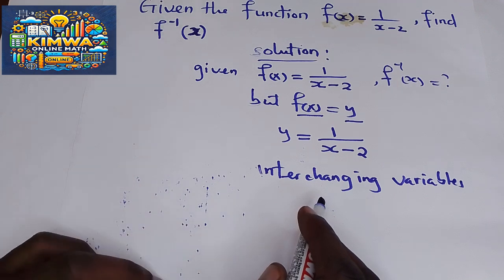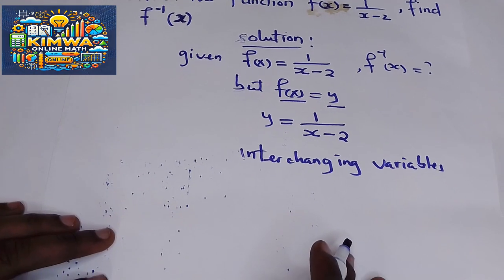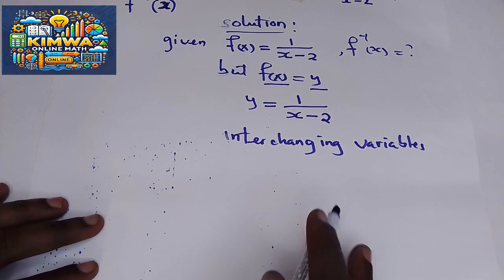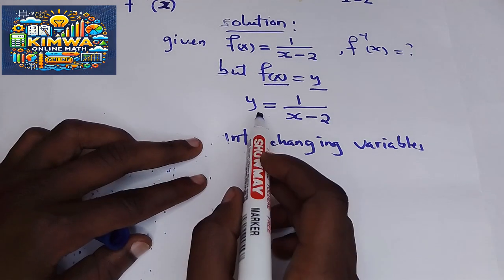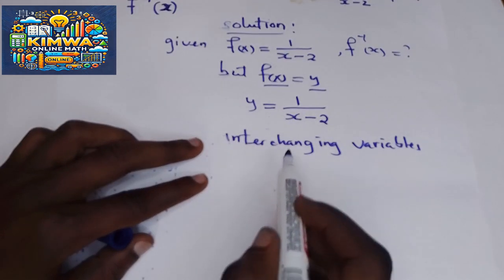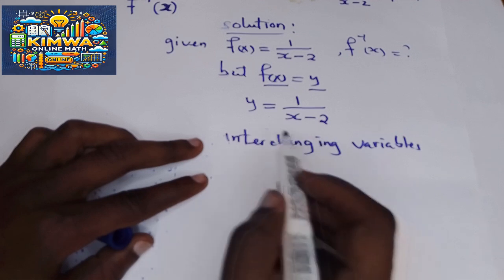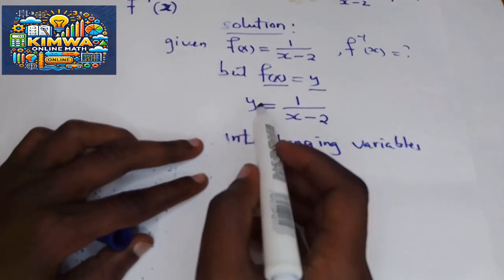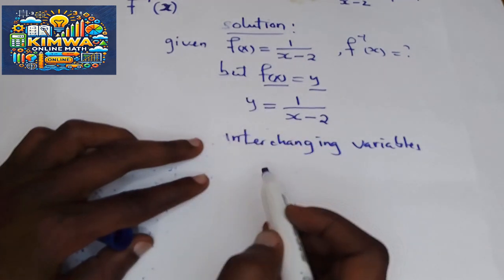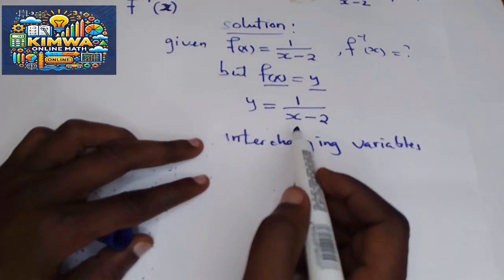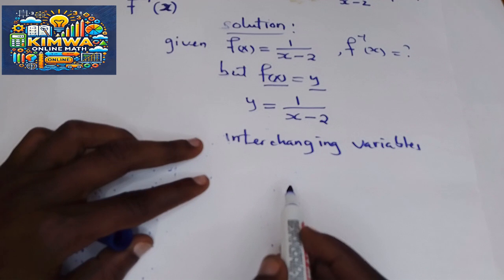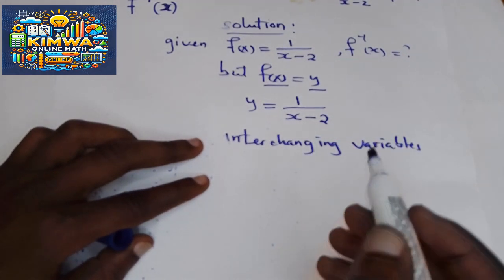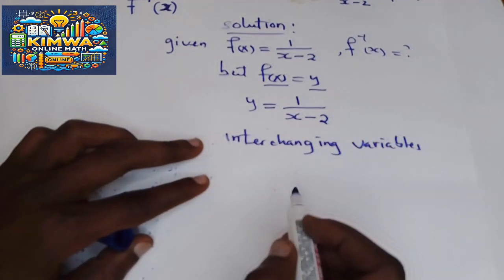Interchanging the variables means that we replace y by x, and x will be replaced by y. The place where there is y will be replaced by x, and the place where there is x will be replaced by y. That is how we say the variables have been interchanged.